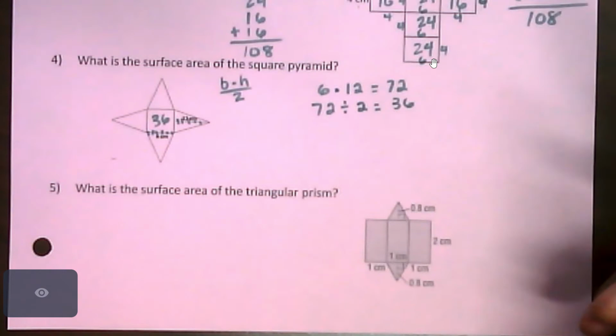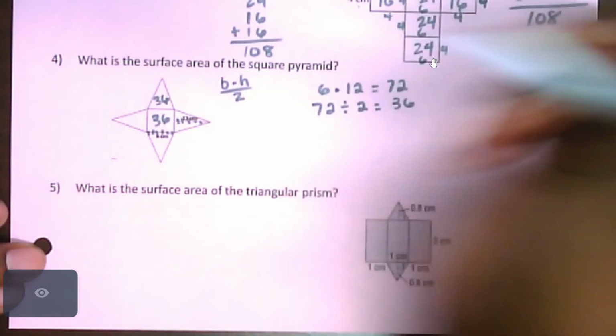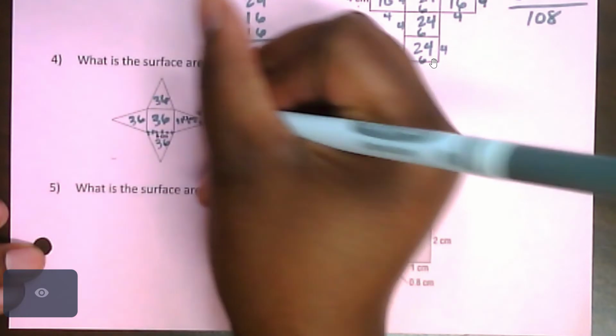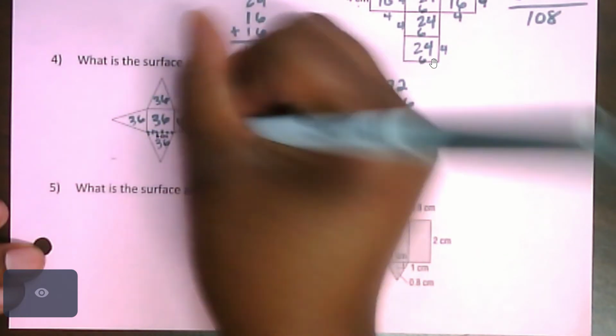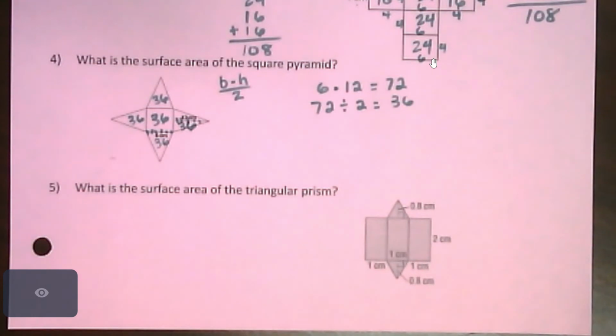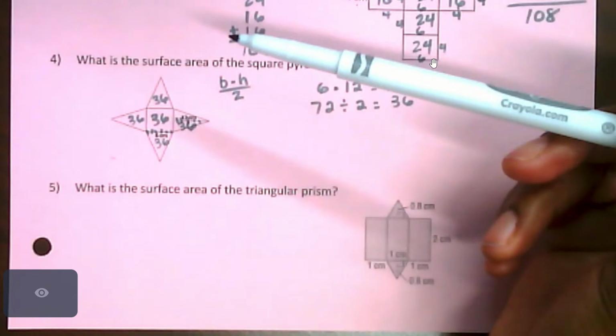So each of my triangles all equal 36 square centimeters. This doesn't happen all the time, but the base and the triangles all have the same area. That's pretty cool.